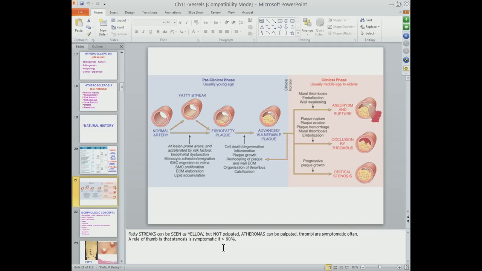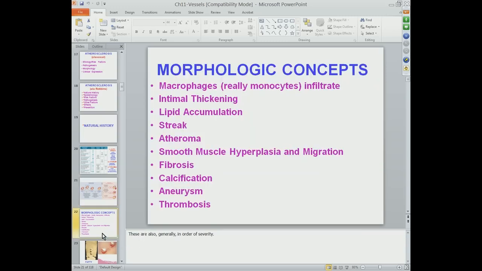That's why you could be walking around right now, I could be walking around right now without any chest pain, hiking 30 miles, and still have 90% stenosis of my coronary arteries, or critical parts of my coronary arteries. So 90% is generally a rule that they use. Stenosis greater than 90%, you're probably going to be having significant symptoms, even if there is no occlusion or aneurysm or rupture. So let's take some more morphologic concepts, the things you can see grossly and microscopically.